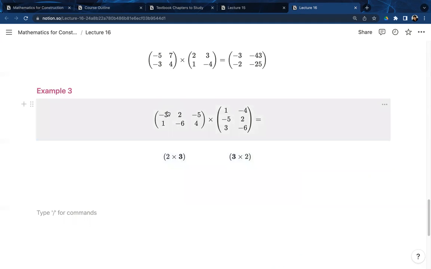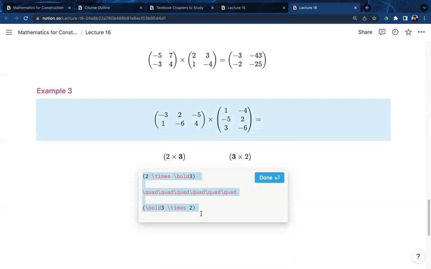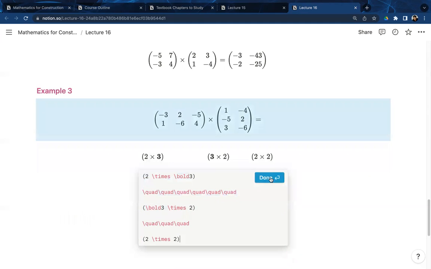This is a 2 by 3 matrix, and this is a 3 by 2 matrix. The inner numbers are the same, so these matrices can be multiplied. And what is the dimension of the answer? Well, that's what the outer numbers say. The outer numbers say the answer is a 2 by 2 matrix.